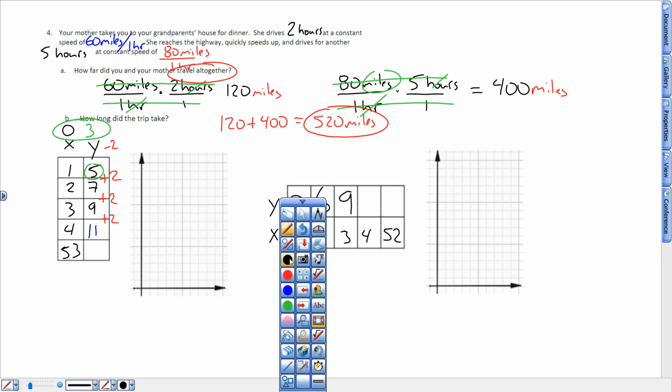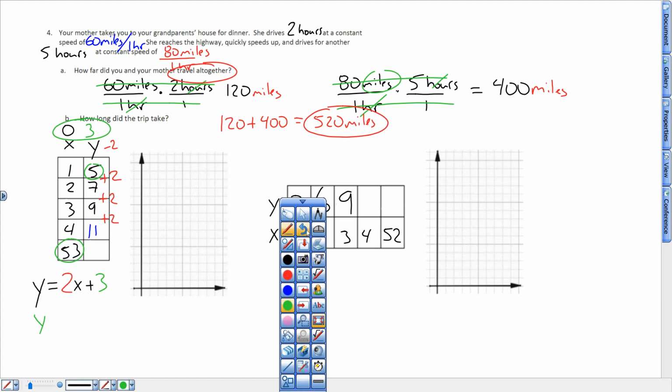So I have y equals always the adding number in front of x plus that y-intercept number. That is my rule. That's what I'm going to use to plug in 53 in there for x to find out how many y is for 53. So here I go. Use the rule.